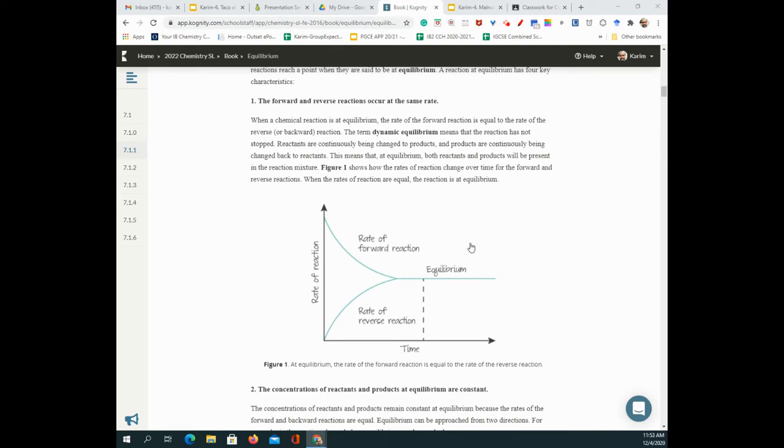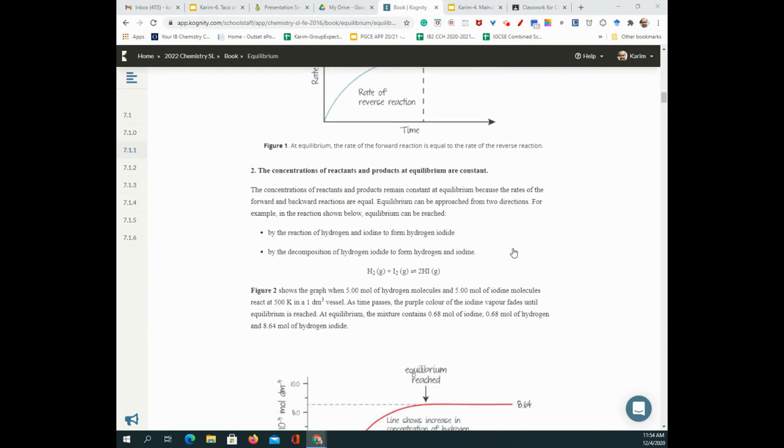Now, as you can see in this figure, they refer to rates, right? Rates of the forward reaction, that means from the reactants to the products, or rate of the reverse reaction, that means from the products to the reactants. Okay, so equilibrium is established the moment that those rates get to be the same.